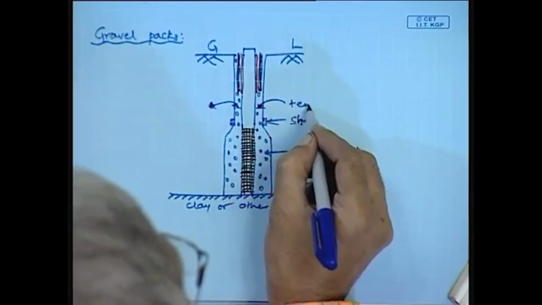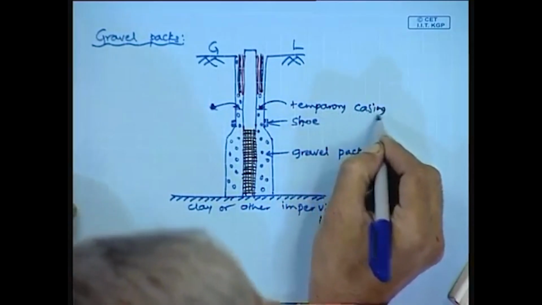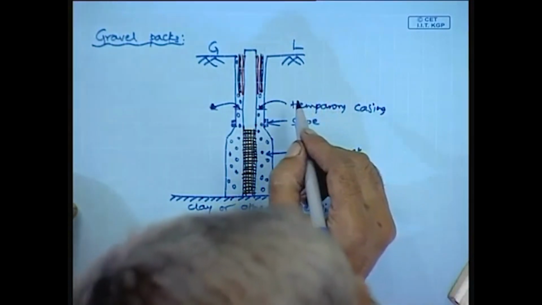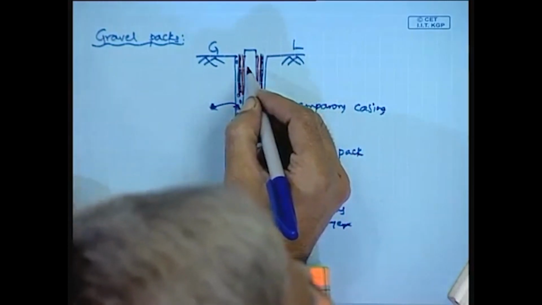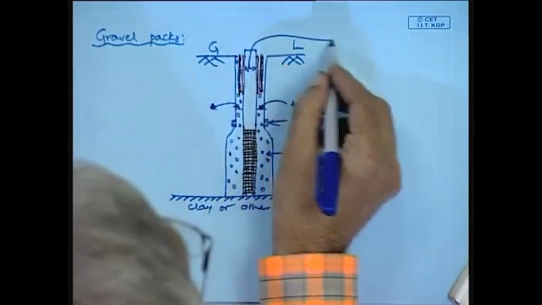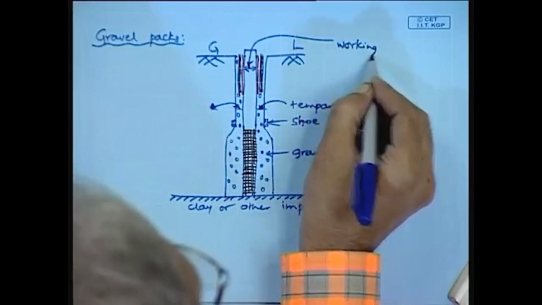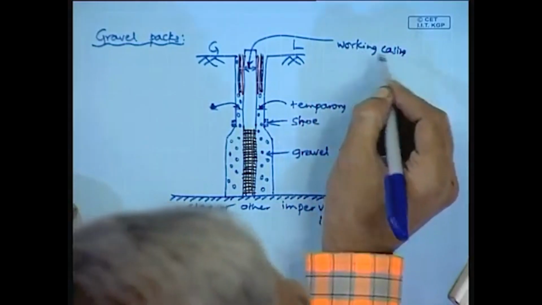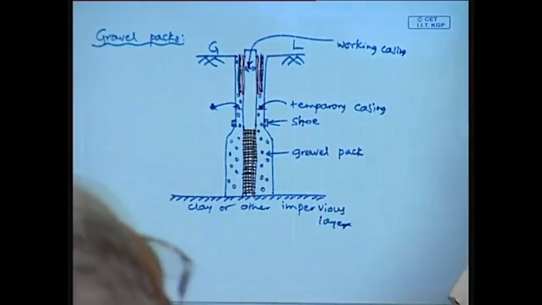So this is a temporary casing, and then here this is a working casing. This is intermediate, the working casing, and the red one is the protective casing.